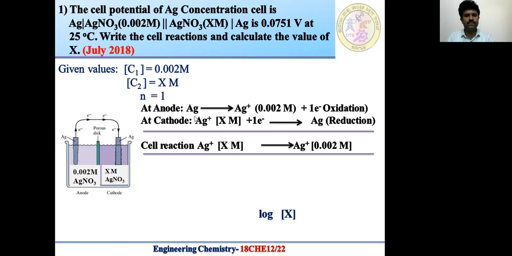Overall cell reaction: Ag+ ions in X molar give rise to Ag+ ions in 0.002 molar electrolyte. So this is the cell reaction.